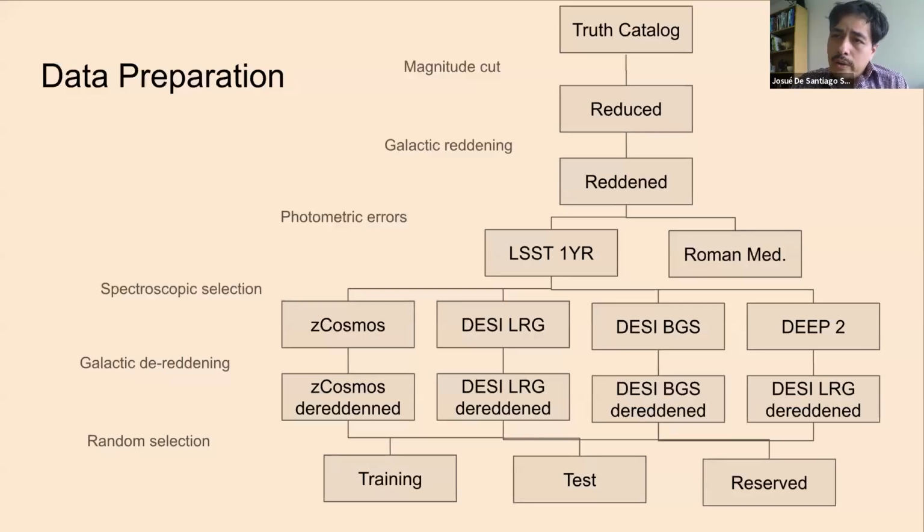And also we do some spectroscopic selections to mimic a few spectroscopic catalogs. And then we give the users a training catalog that contains the redshifts and the magnitudes, and a test catalog that only contains the magnitudes. And we keep a reserved catalog so that we can test the submissions by ourselves. Next, please.